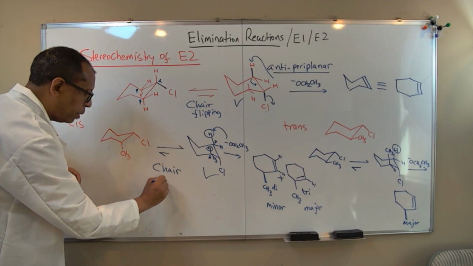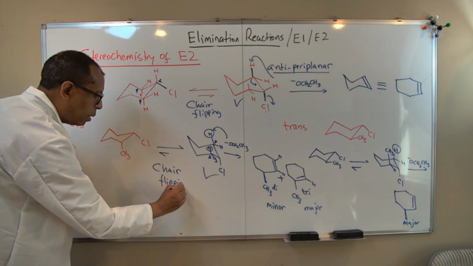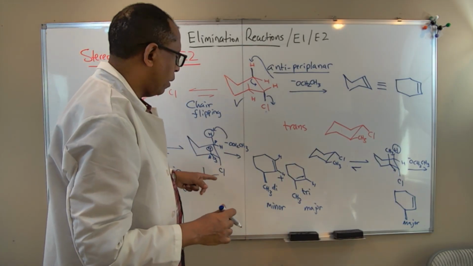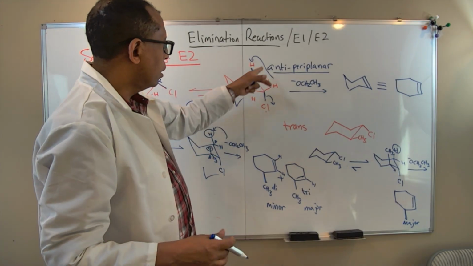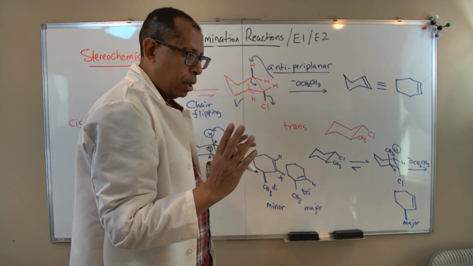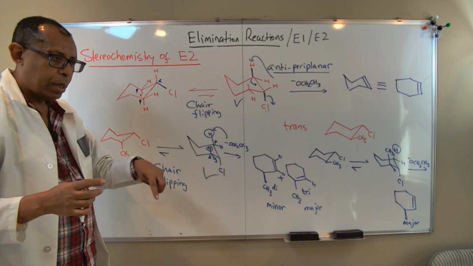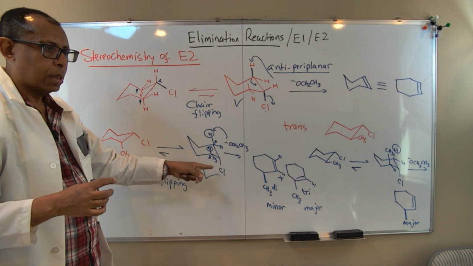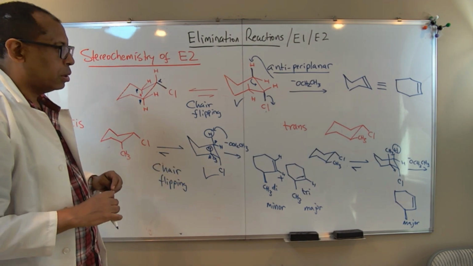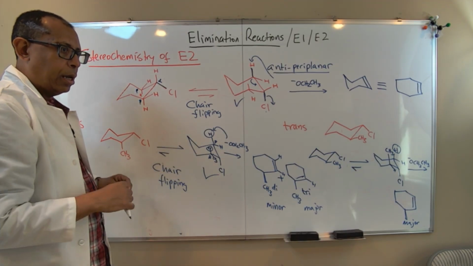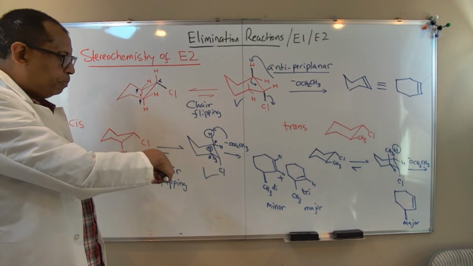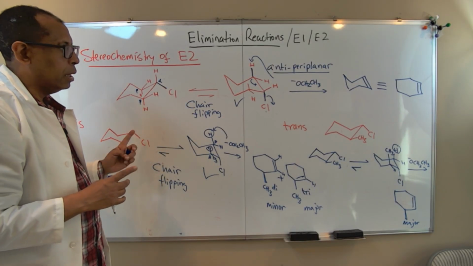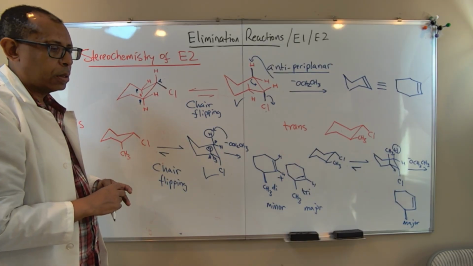You do chair flipping to get a beta hydrogen and an alpha halide, chloride or bromide, that is antiperiplanar. So the trick is to put the halide first in axial position. So you have to make sure at minimum that the chloride would be in axial position. Then you'd find any hydrogen that's also axial to be antiperiplanar. That's how you would solve problems in cyclohexanes with E2 reactions.